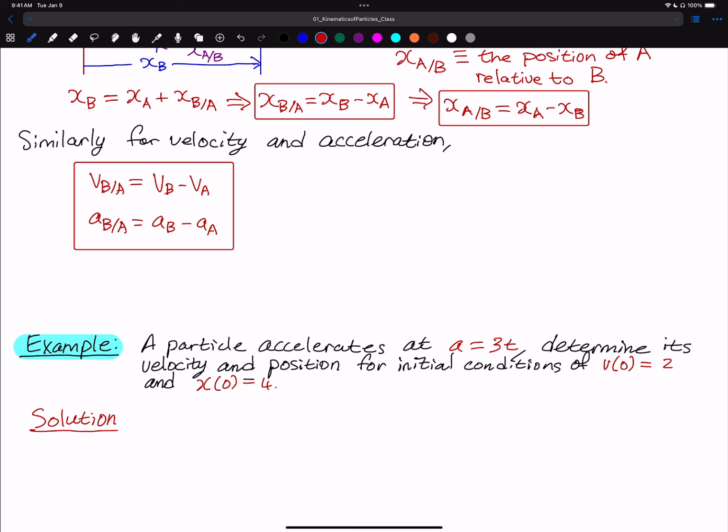And then we'll do it for A relative to B, so vA/B is going to be the negative of that, or vA minus vB, and aA/B is equal to aA minus aB.